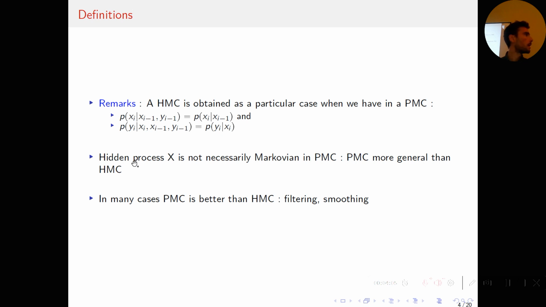The hidden process isn't necessarily Markovian. So PMC is more general than HMC. In many cases, PMC is better than HMC for filtering and smoothing, and our contribution in this work is to illustrate the fact that it is the same for forecasting.